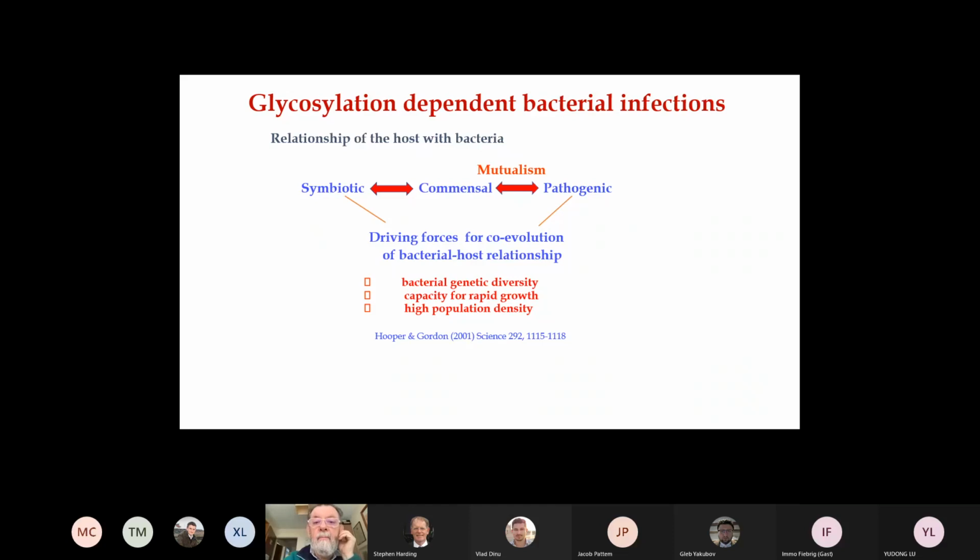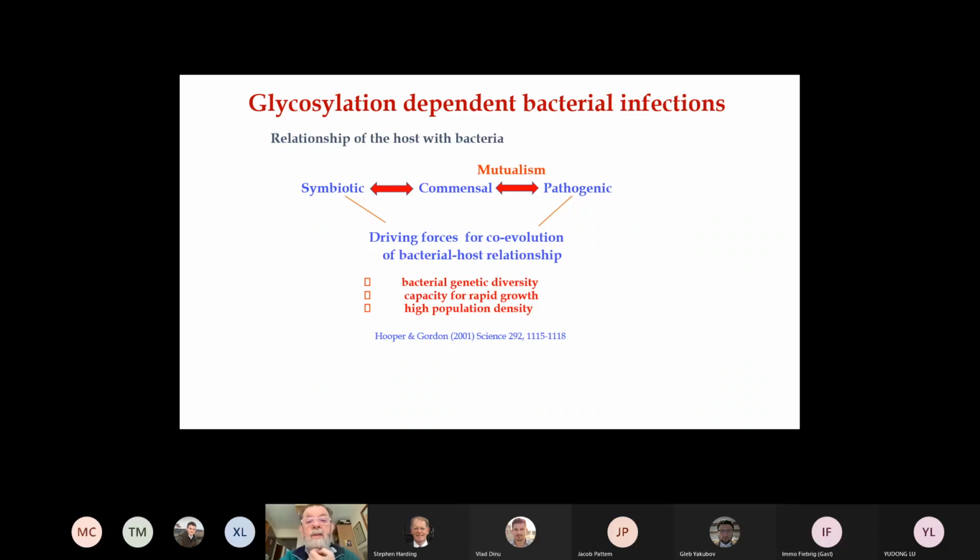So this is the relationship that we're talking about: the relationship of the host with bacteria, whether those are symbiotic, commensal, or pathogenic. The common link is the mutualism between the commensal and the pathogenic.